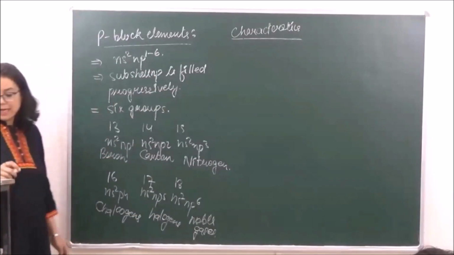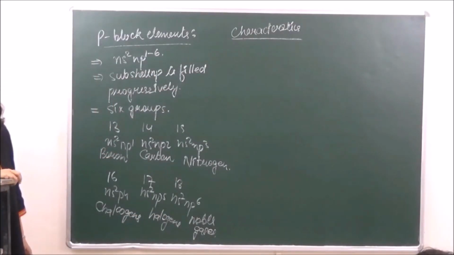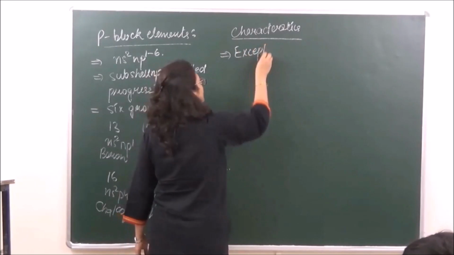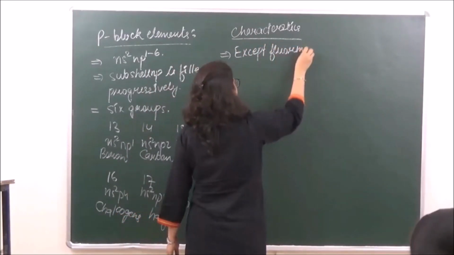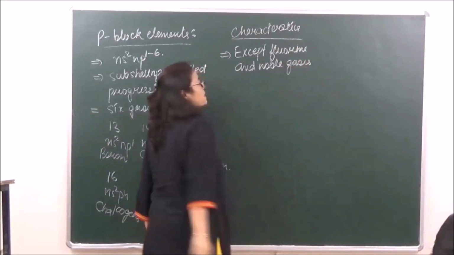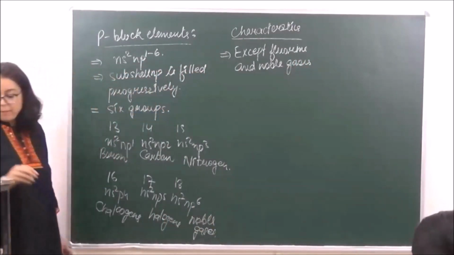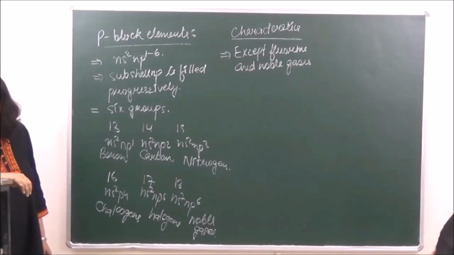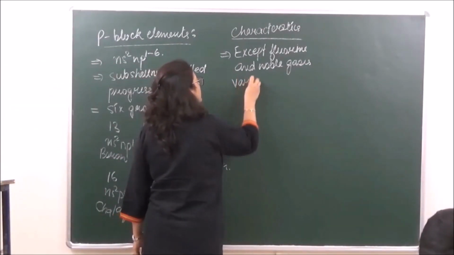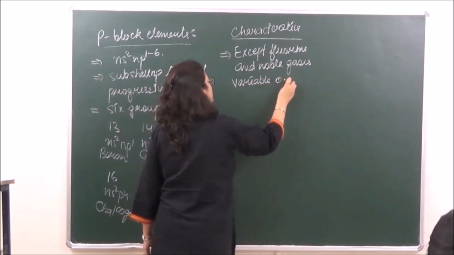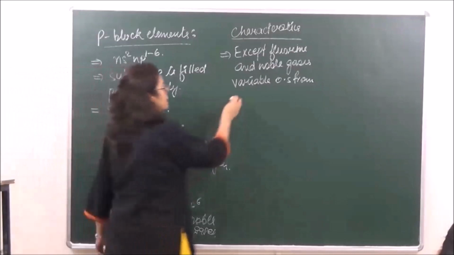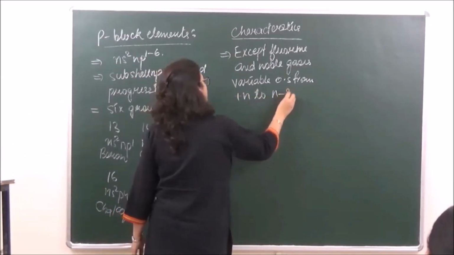Characteristics of P block. The first characteristic is that except fluorine and noble gases, the P block exhibit variable oxidation states, from plus N to N minus 8.